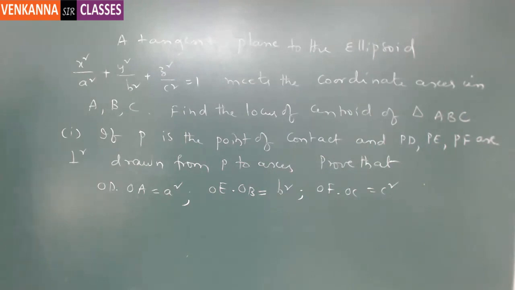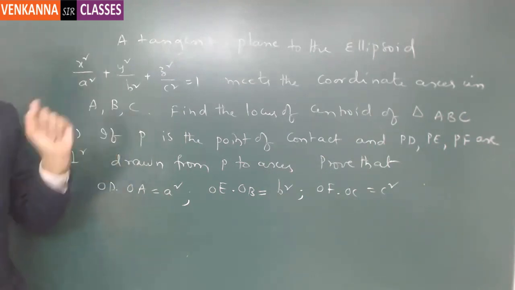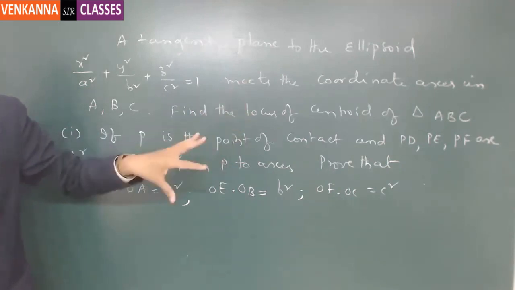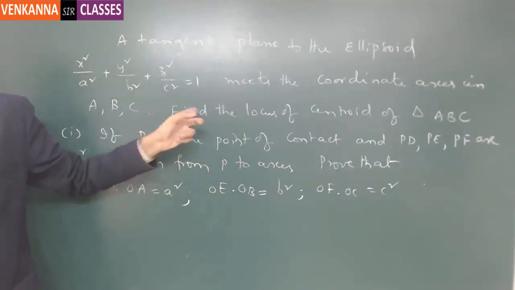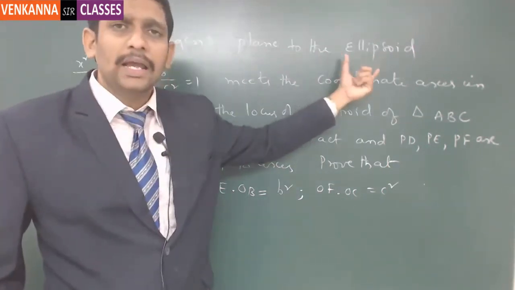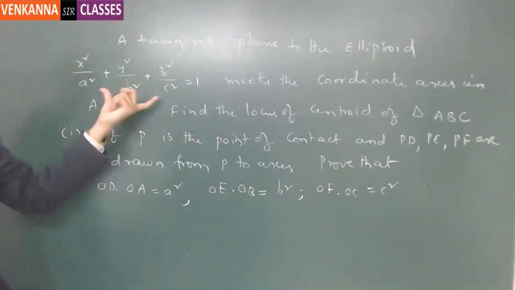Now, what we are doing actually, the problem has two parts here. Let us do the first part of the problem. We got an ellipsoid with us.